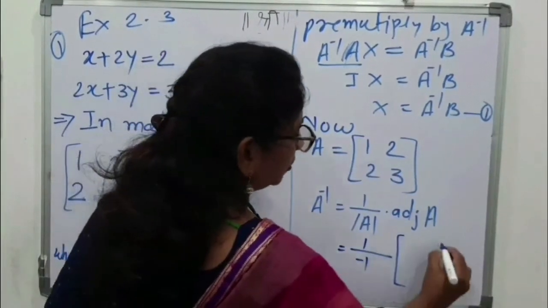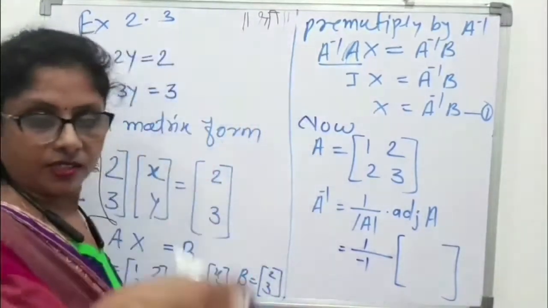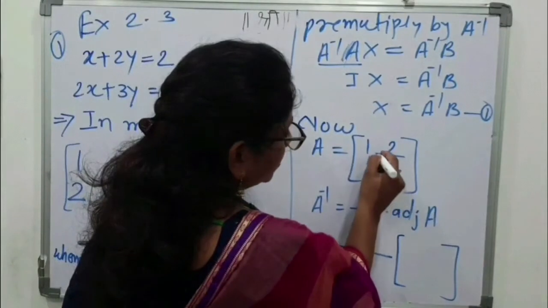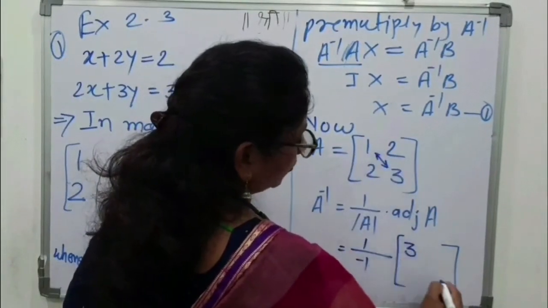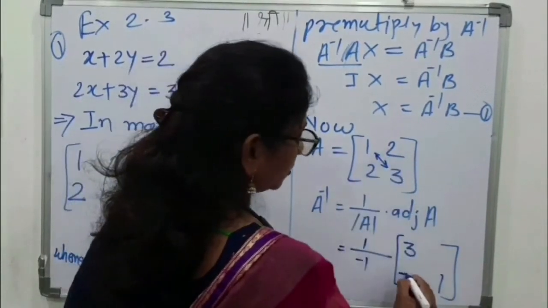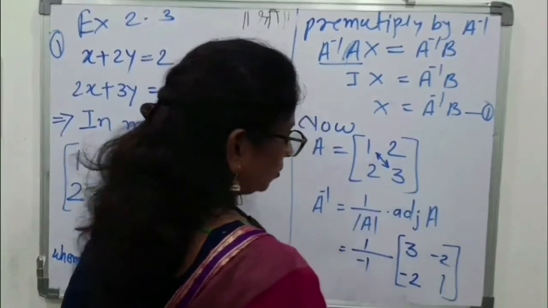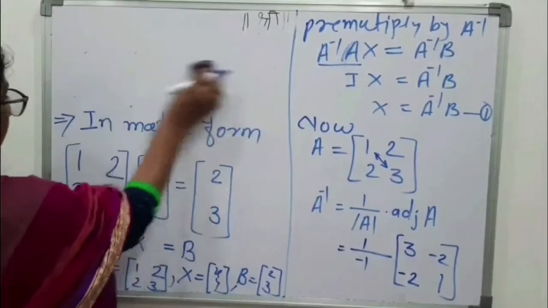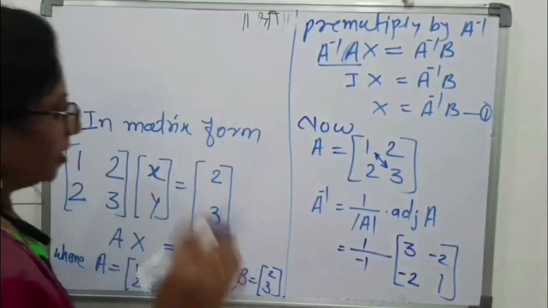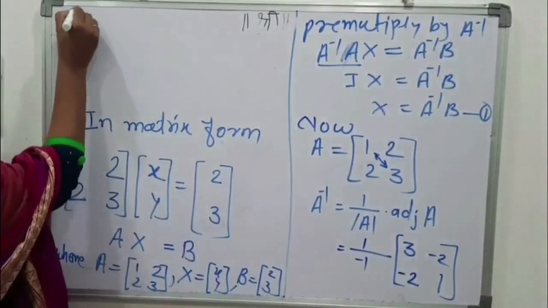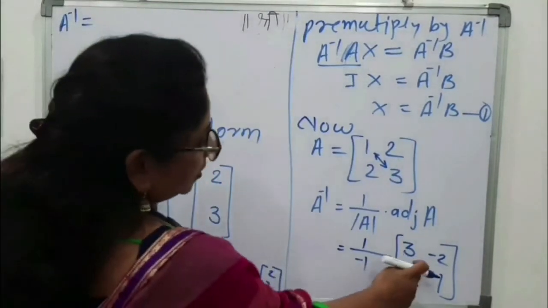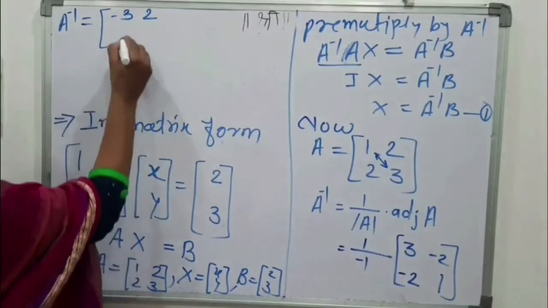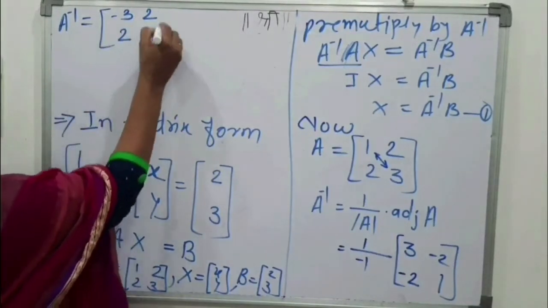One upon determinant of A is 3 minus 4, that is minus 1. Now for the adjoint, we know the shortcut method we saw in the last lecture. Interchange these two elements, that is 3, 1, and change the signs of the other two. What is A inverse then? If we multiply by minus 1 inside, then minus 3, 2, 2, minus 1.